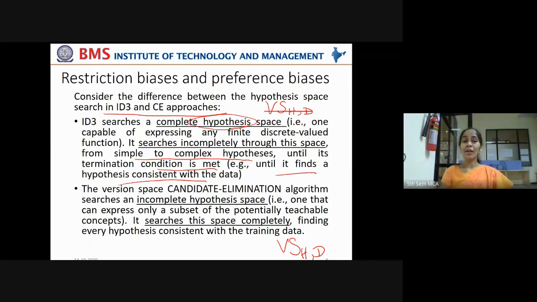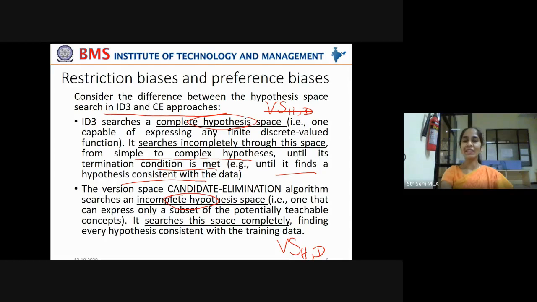Understood clearly? Now I am reading it once again. It is very nice to read. ID3 searches a complete hypothesis space, but it searches incompletely through this space. You understood now? Now let's go to the next point. In the candidate elimination algorithm, how does this searching happen? Let's see. The candidate elimination algorithm searches an incomplete hypothesis space.